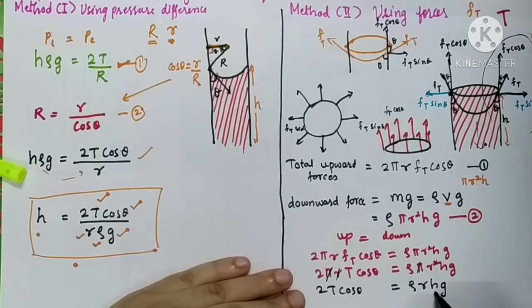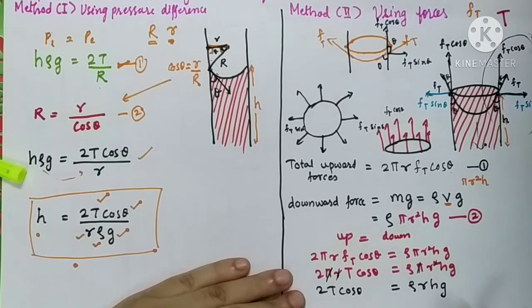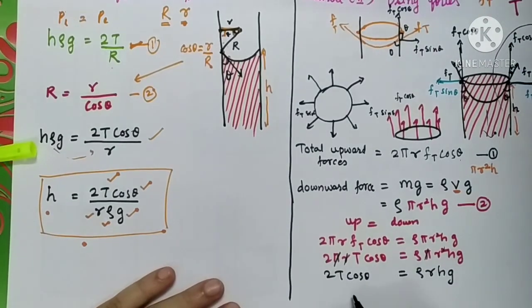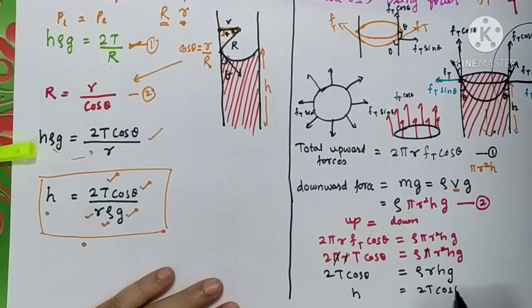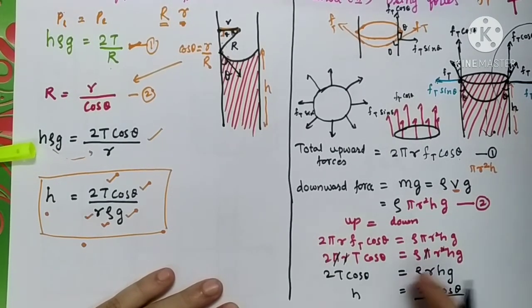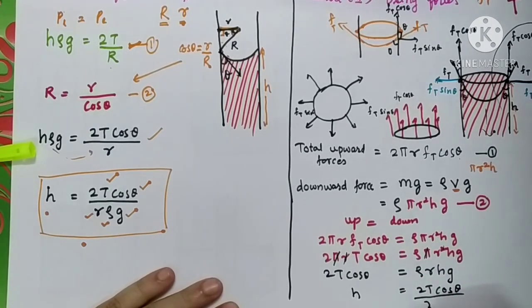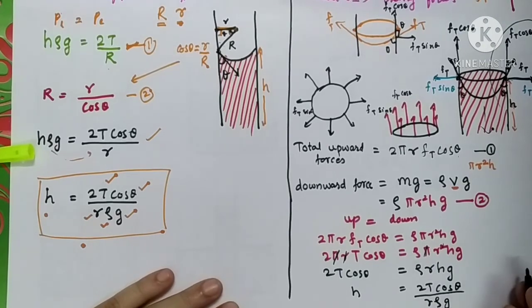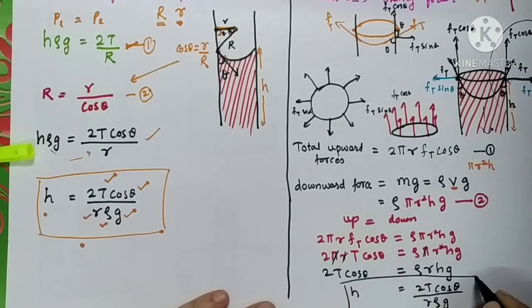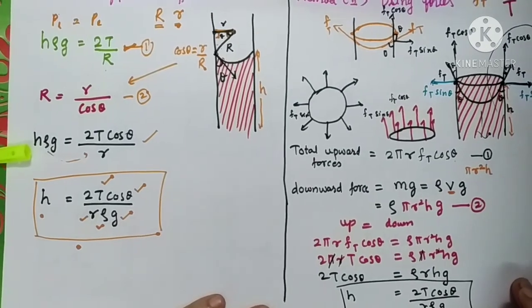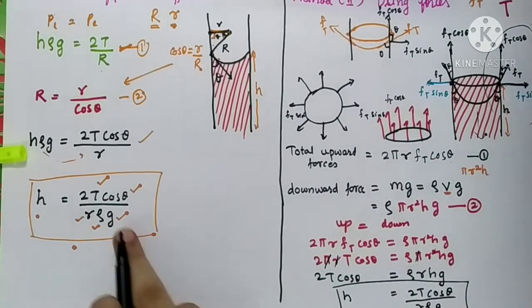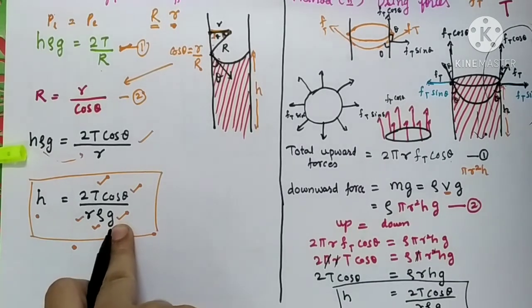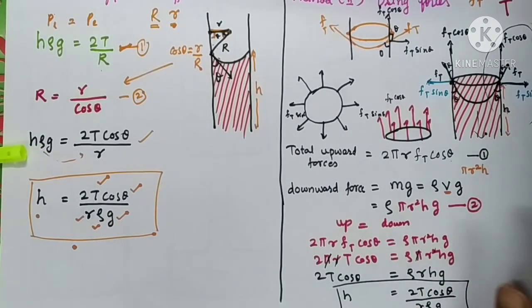Then from this equation, we can write the formula of h. h will become 2T cos theta upon r, rho, g, with rho and g all coming in the denominator. So again we have got the same formula for the height of the liquid column that rises inside a capillary tube. You can compare it with the first method. So in this way we can easily determine the height of a liquid column.